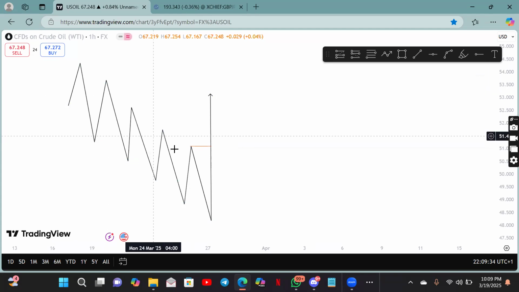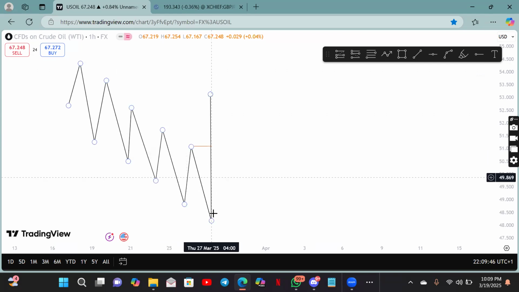These ones here, all of these you're seeing, are liquidity. Do you get? They are all liquidity. So after I take out the liquidity here, this is a change of character. This is the place I want to change.